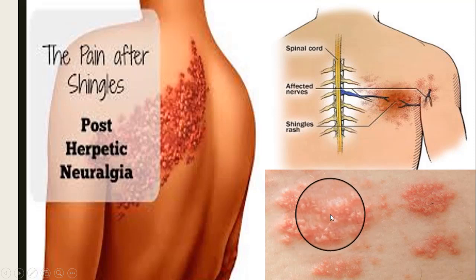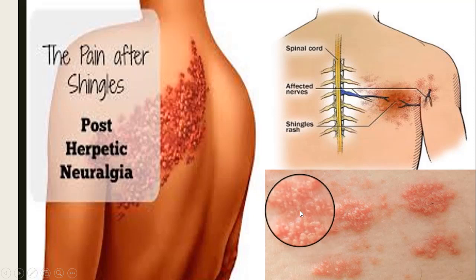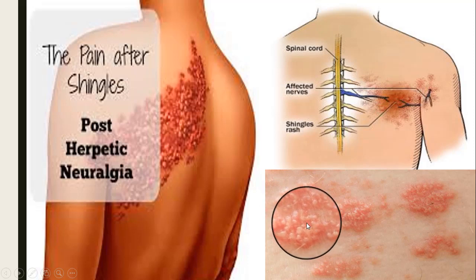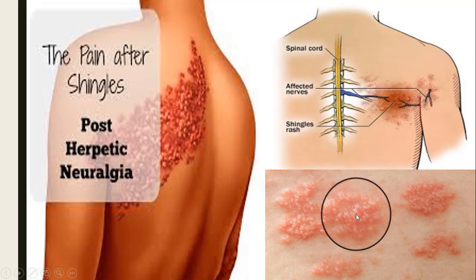The virus can remain dormant in your body's nerve cells after childhood and can reactivate years later. When the pain caused by shingles doesn't go away after the rash and blisters clear up, the condition is called post-herpetic neuralgia.